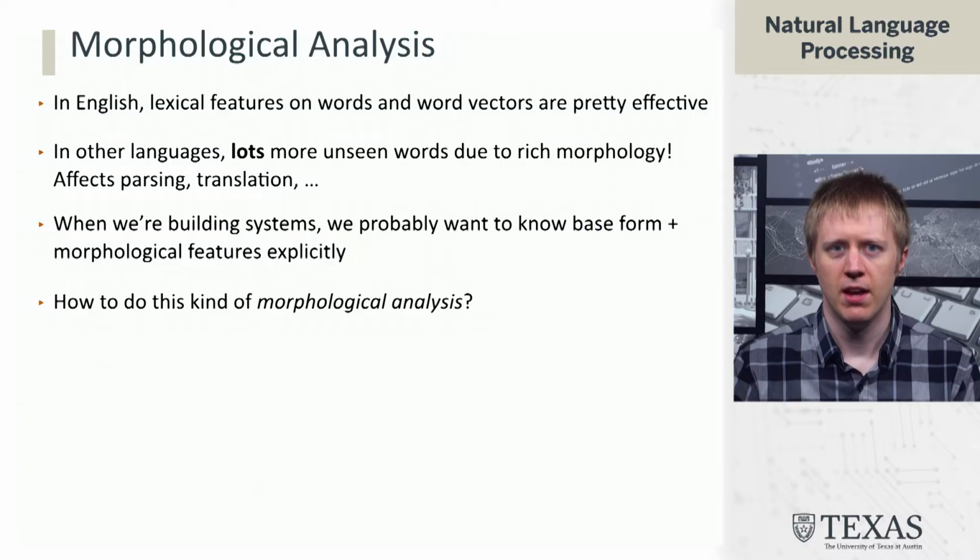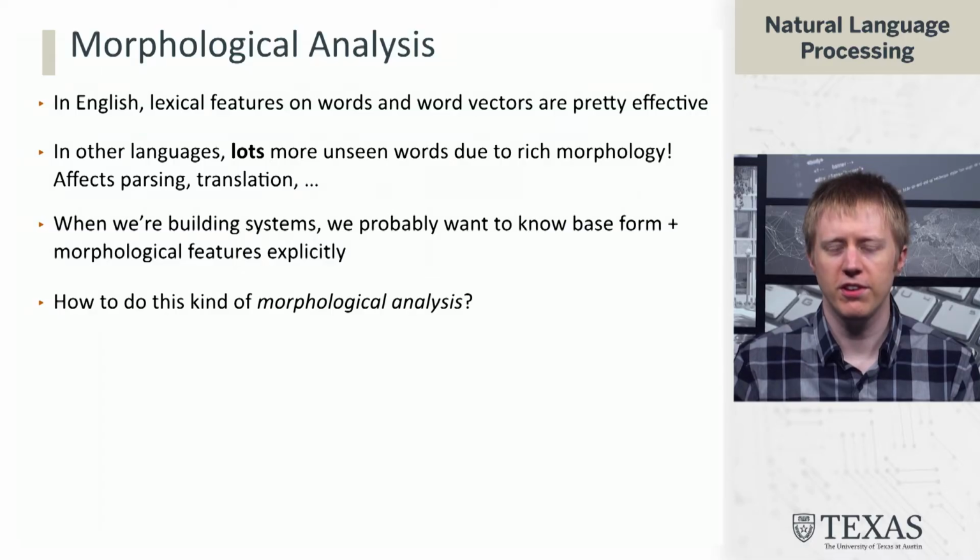In this segment, we're going to talk about morphological analysis. Morphological analysis is the idea of taking word forms that we don't really understand, or don't necessarily have a way of decomposing, and understanding what different features those words exhibit.